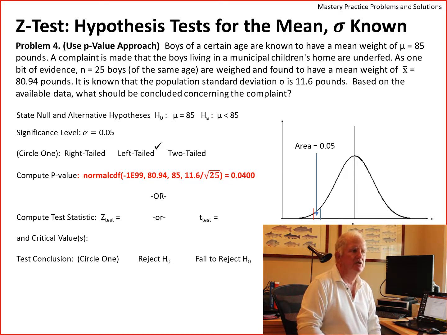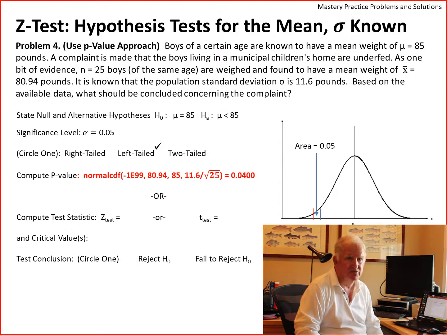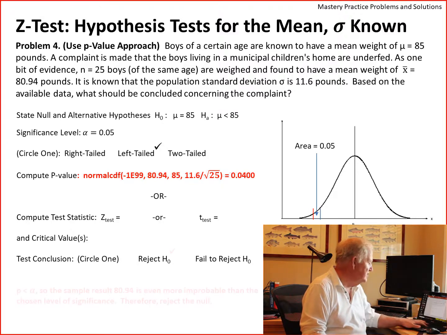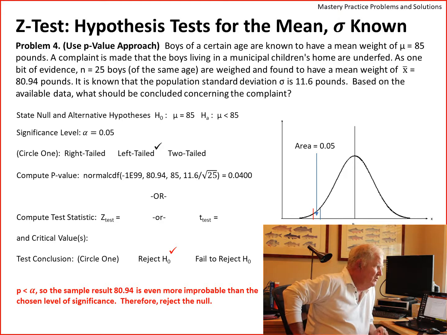We're going to assume that any probability less than 5% is unusual. And here it is, a probability less than 5%. In fact, it's 4%. So to make the decision, p is less than alpha, so the sample result, 80.94, is even more improbable than the chosen level of significance, and therefore you reject null.